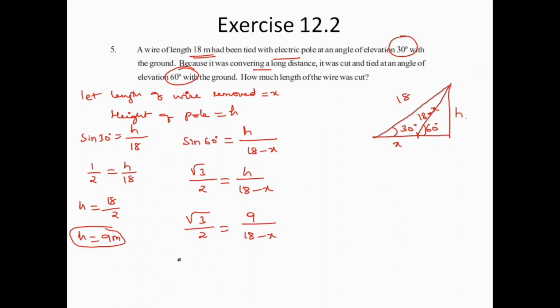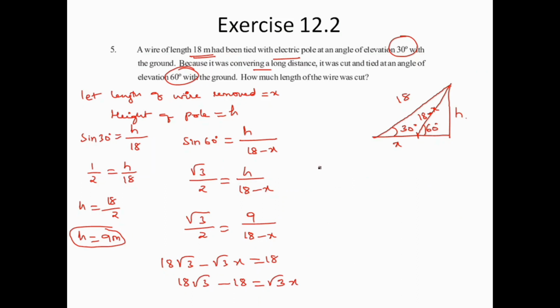Now I'm cross multiplying everything, so that I get root 3 into 18 minus root 3 x equals 18. Now I'm shifting 18 to this side and root 3 x to the other side.